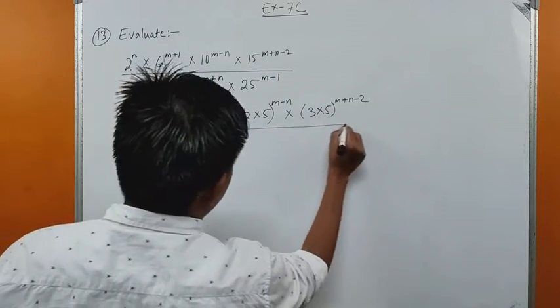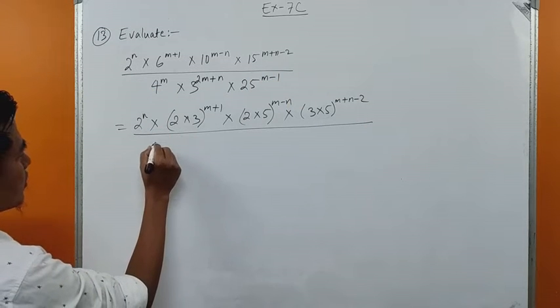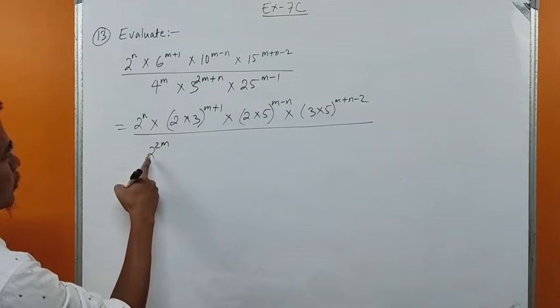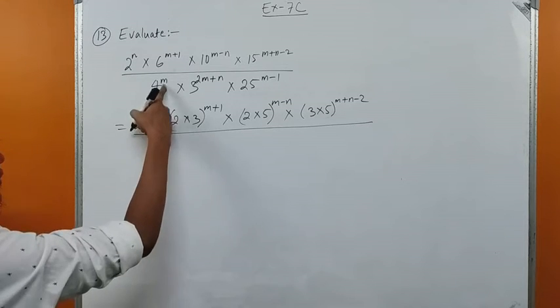Whole upon, in the denominator we have 4 to the power m, which means 2 to the power 2m, because 2 squared is 4, and this m is here.